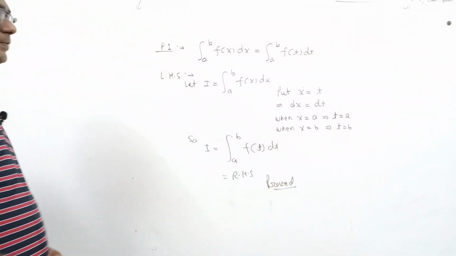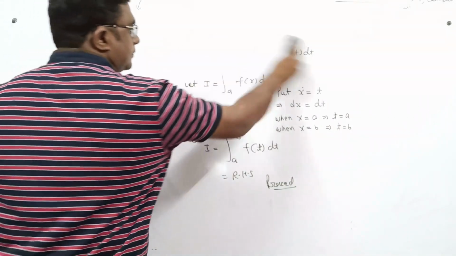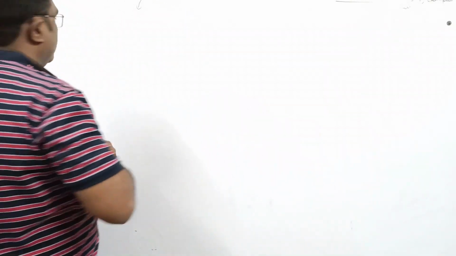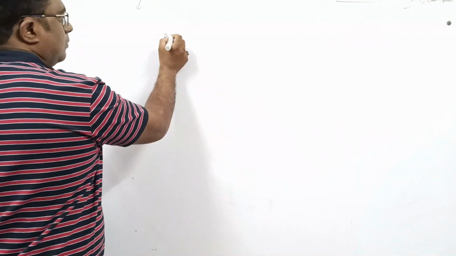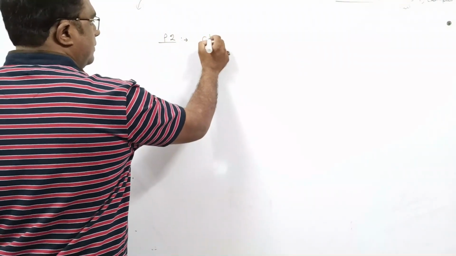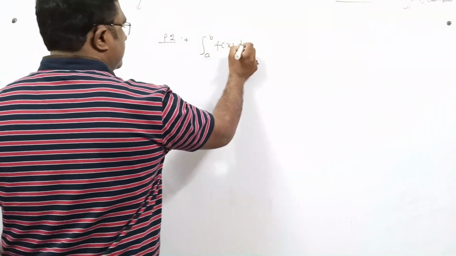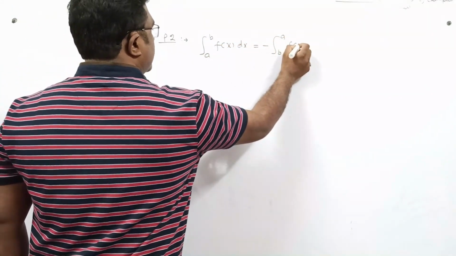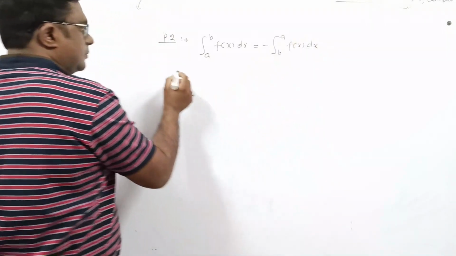Second property. Property number 2 was the integral from a to b of f(x) dx is equal to minus the integral from b to a of f(x) dx.